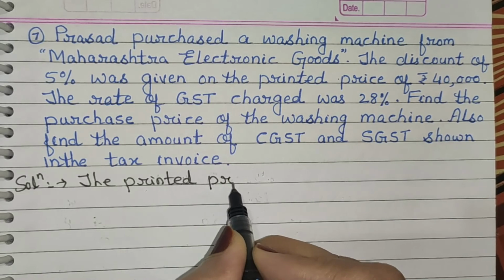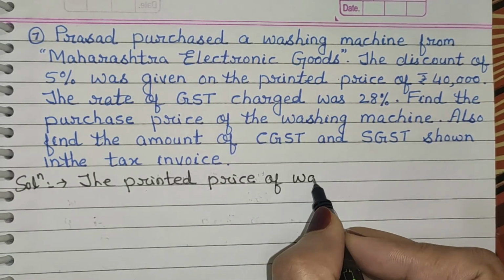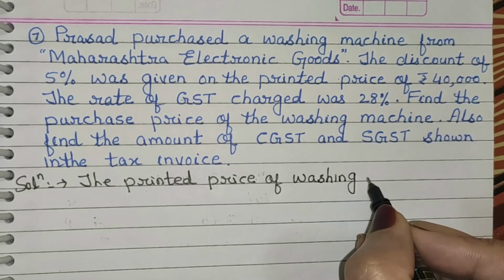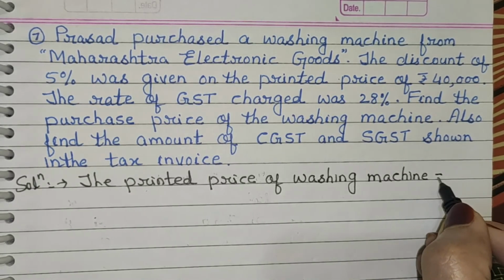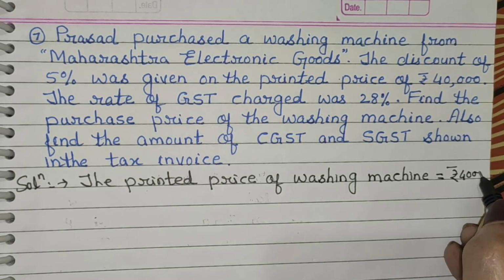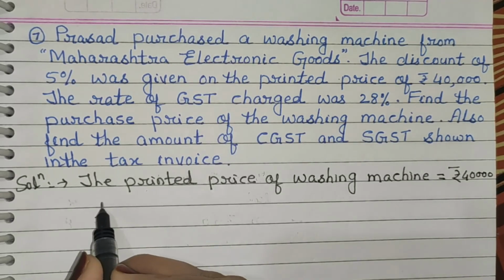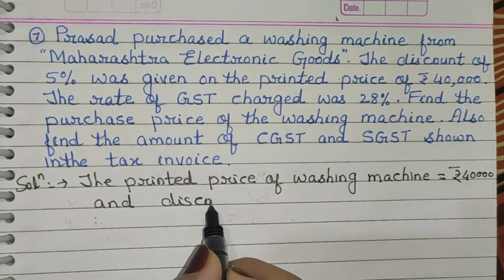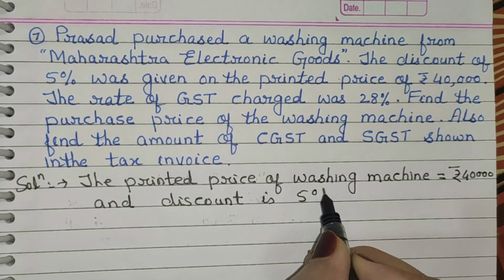The printed price of washing machine is equal to rupees 40,000 and discount is 5%.